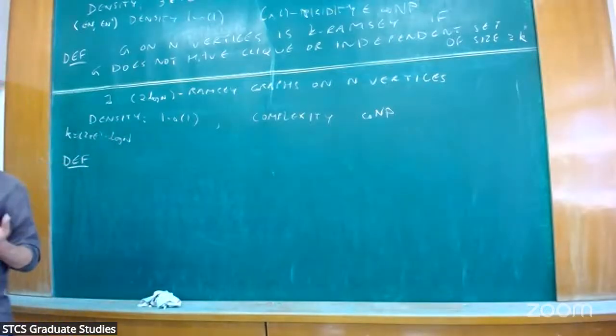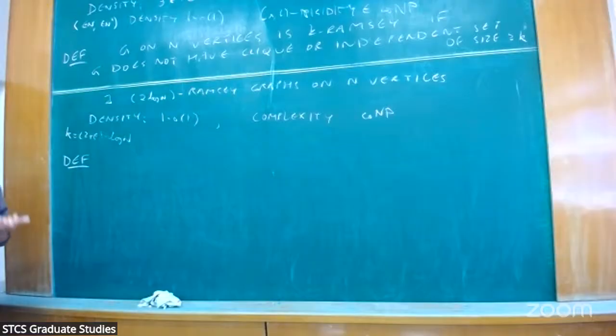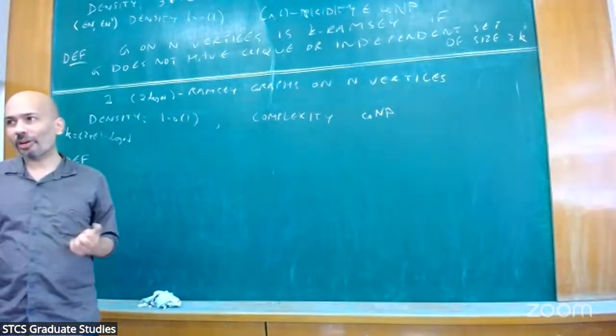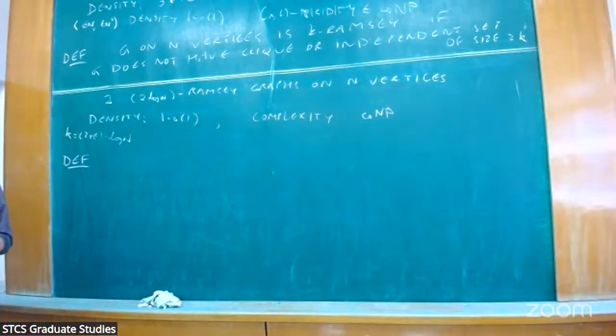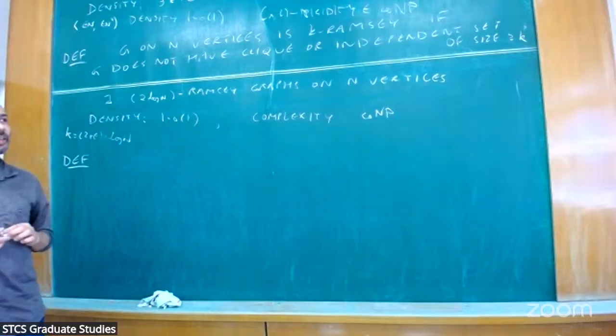So there's some big clique embedded in this graph, but you can't really tell that it exists. You can't really distinguish this graph from a random graph. And that's a conjecture that's been used to show hardness for many other problems. It's been investigated extensively.